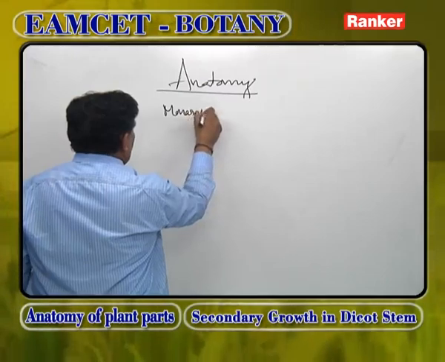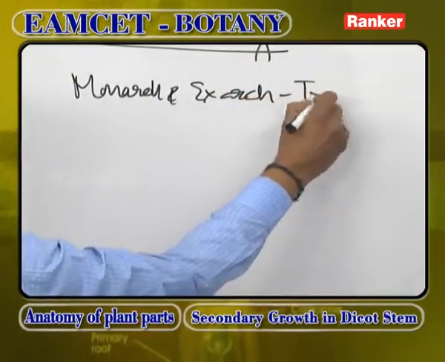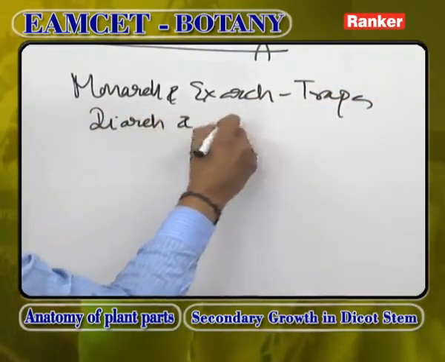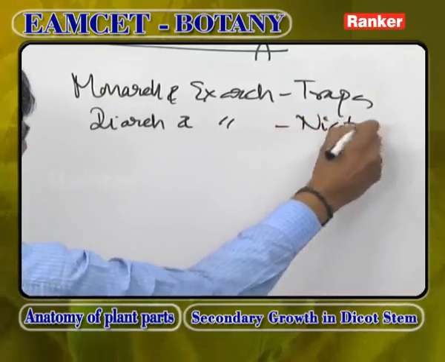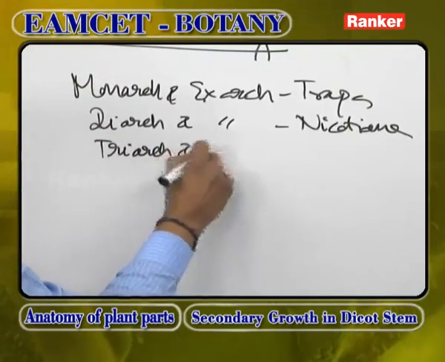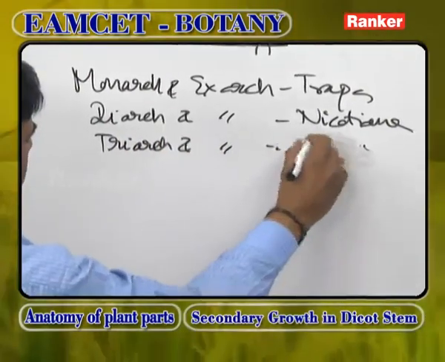Monarch and exarch, in dicot root it will come in Trapa. Diarch and exarch, Nicotiana. Triarch and exarch, Gossypium. I don't say Gossypium, it is Pisum.